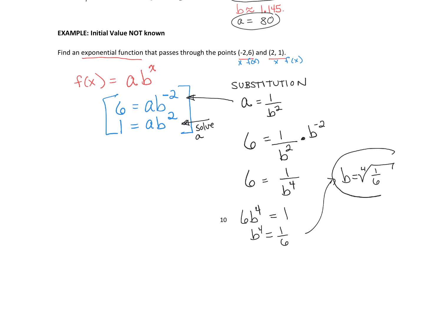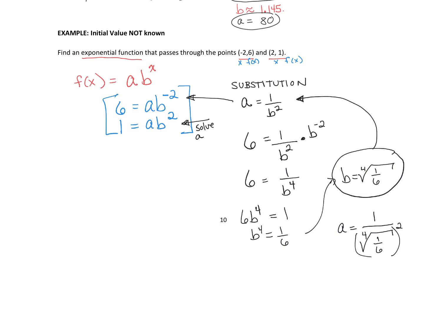Now that I have my b value, I can plug it in here and find my a value. So we have a equals 1 over the 4th root of 1/6, squared. Just for ease in writing this one, I'll find approximate values.